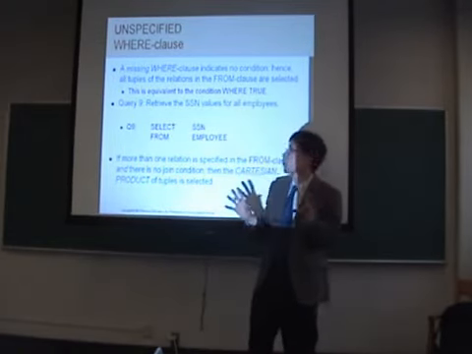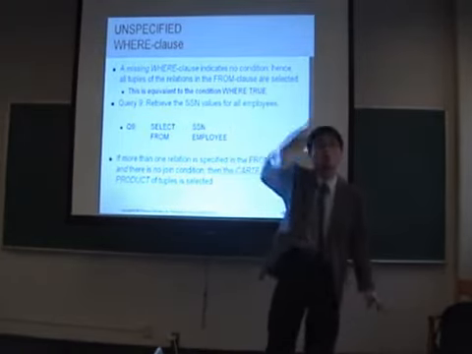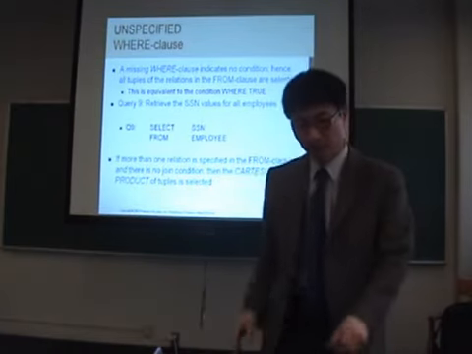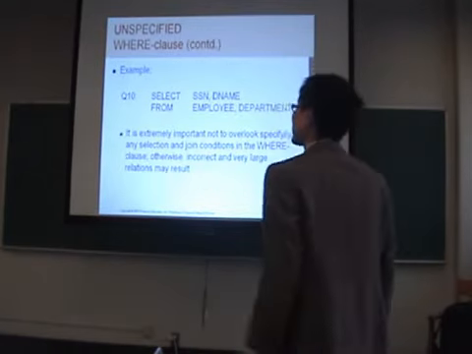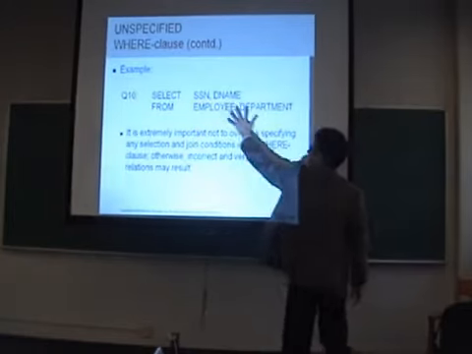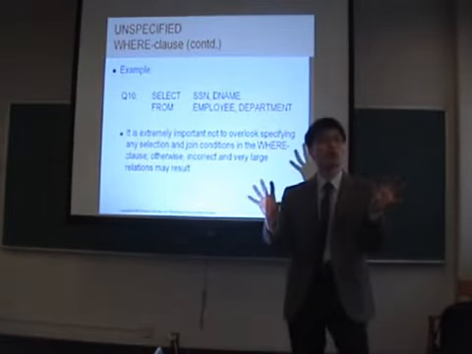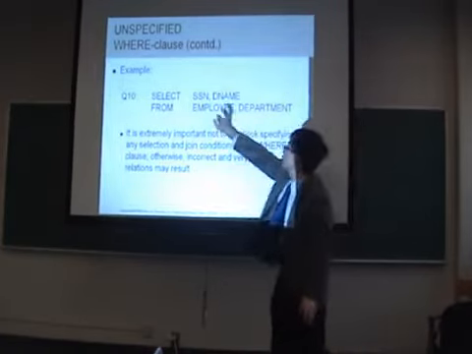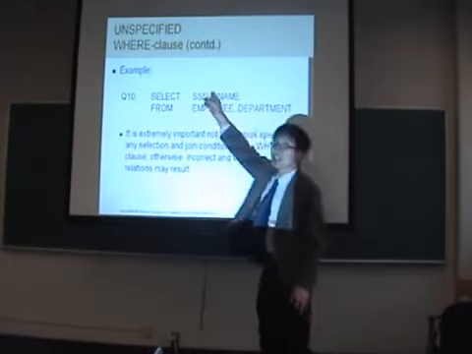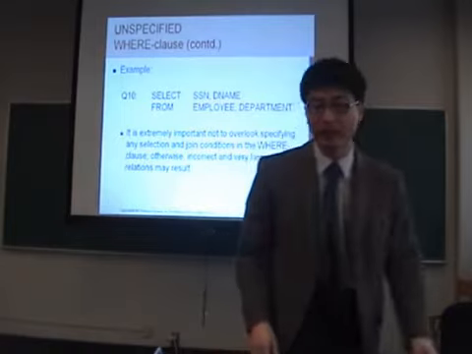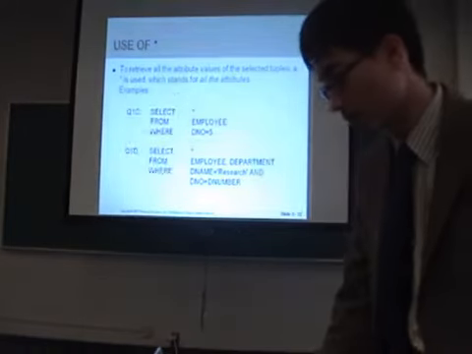In case there is no condition, it means all employees' social security number. What if there are two tables in from? That causes Cartesian product. All combinations between employee and department, and select the social security number and D name. That is called a Cartesian product.